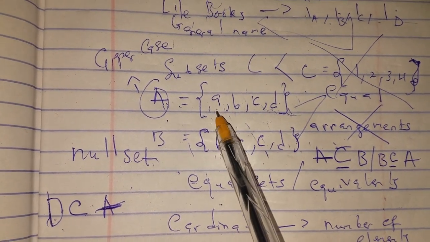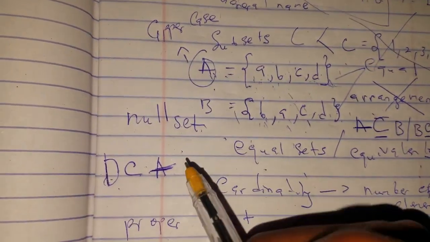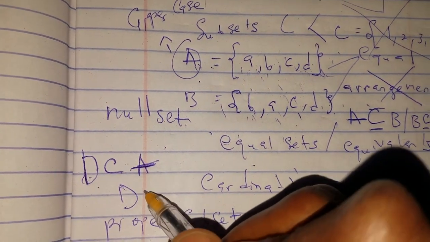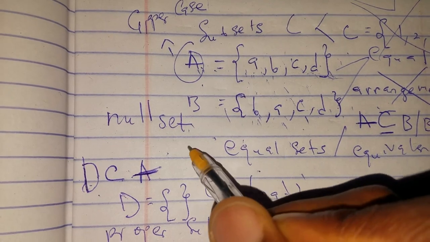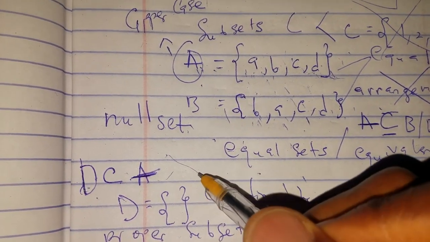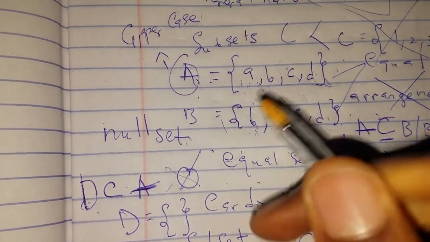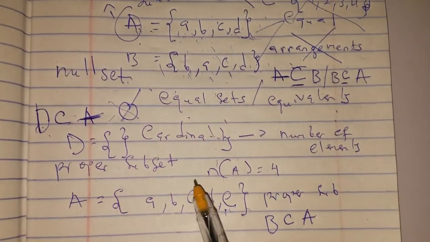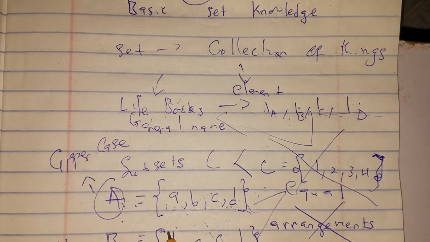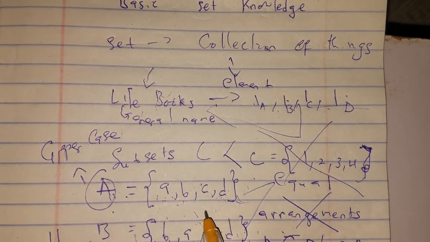Can you say A is greater than 0? You can't. So we are just going to say that D is a null set. It means there is no element, or we can just put this symbol. Don't write D is equal to 0, it won't go. It's not correct.